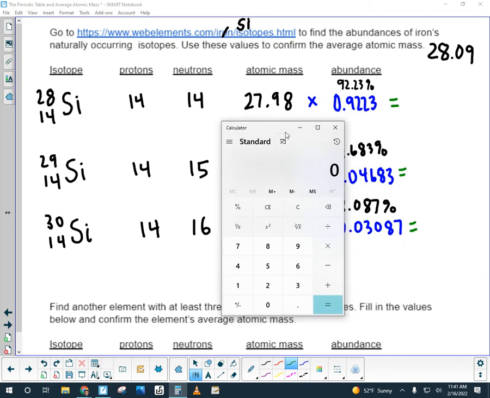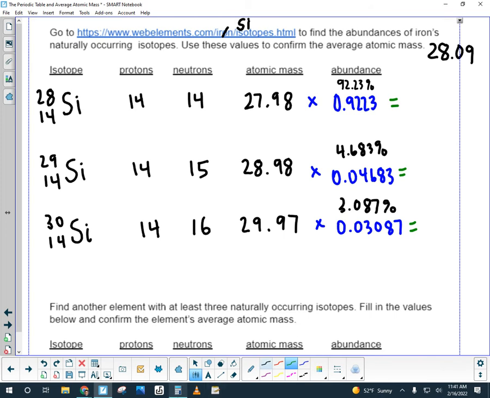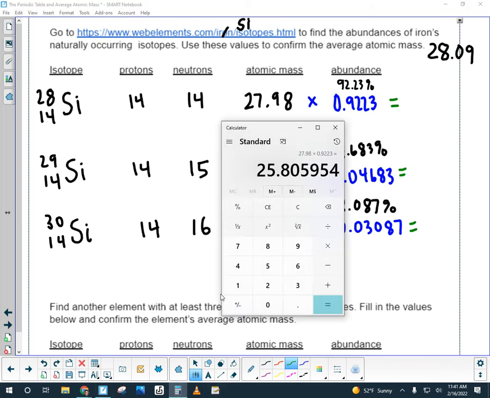All right, so I'm going to take 27.98 times 0.9223. And again, I'm going to keep 4 digits in each of these values. So I'm going to write it as, whoops, we'll call it 25.81. We'll round up here.